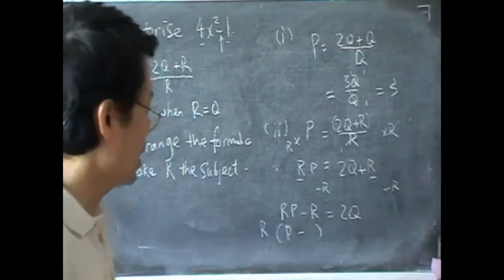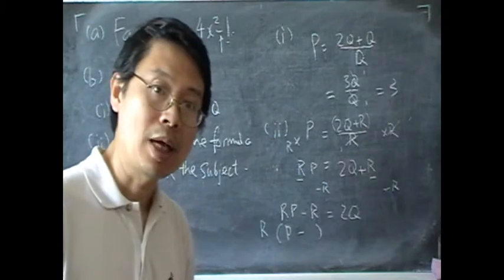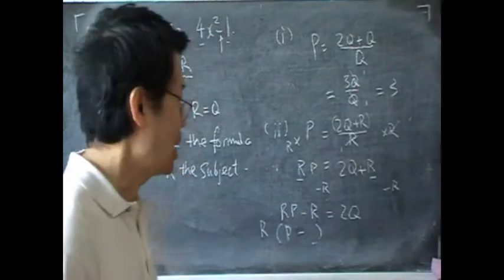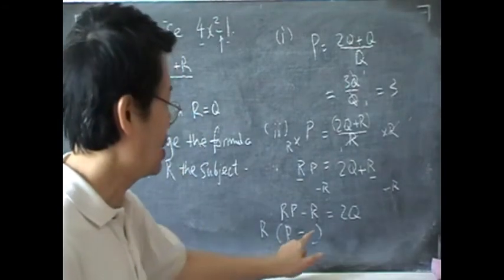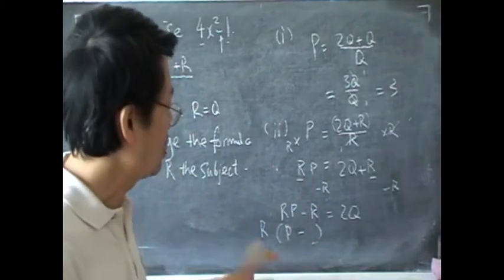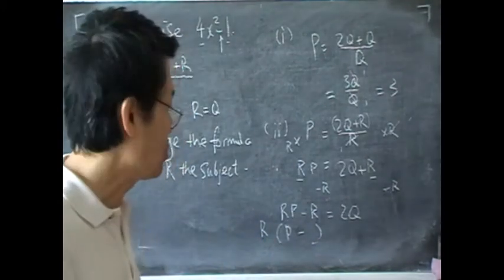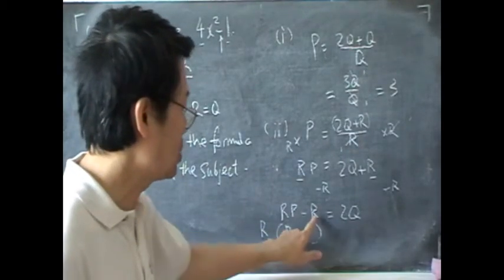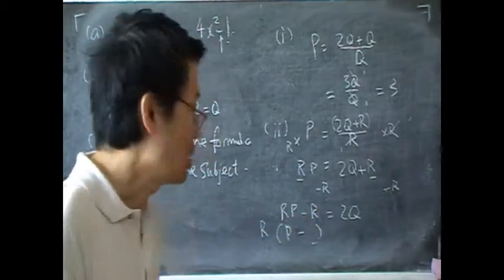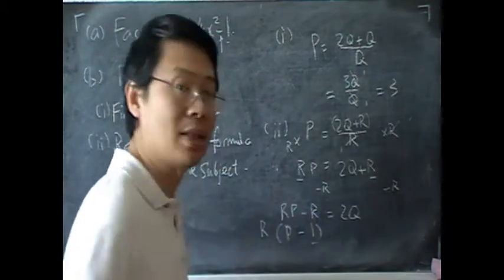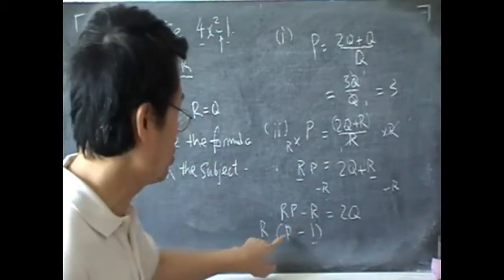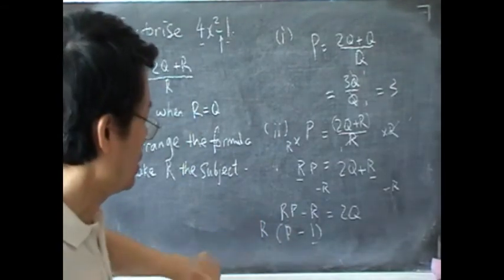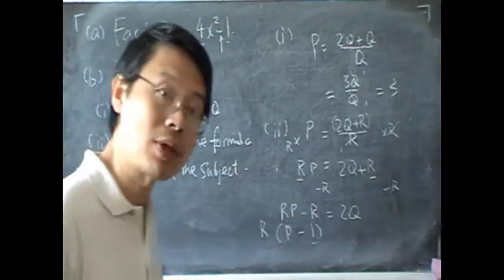Now the R there, I can't just take the R out and leave nothing. The idea is that when I multiply R by that thing, if I remove the bracket and reverse the step, then whatever I have here when I multiply R by that must give me R. And this means that I should have a 1 there, because R times 1 is R and R times P is RP. So that's how I can take R out of the bracket. That means I've just factorized it.